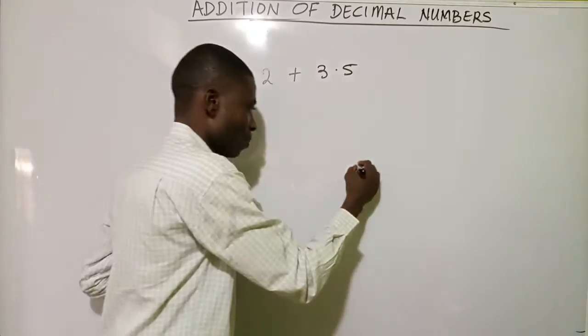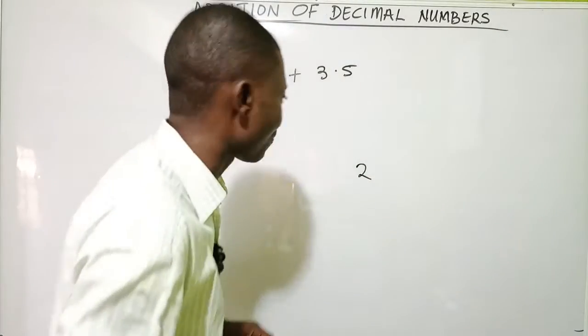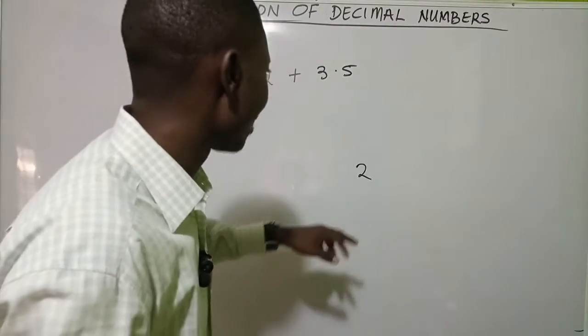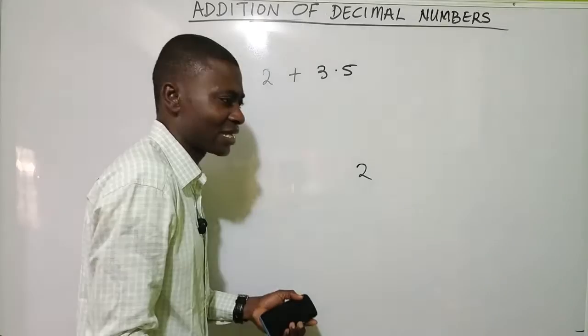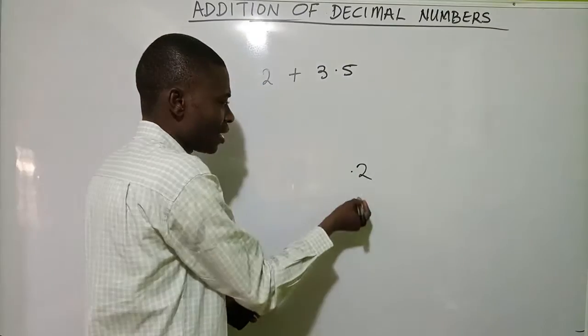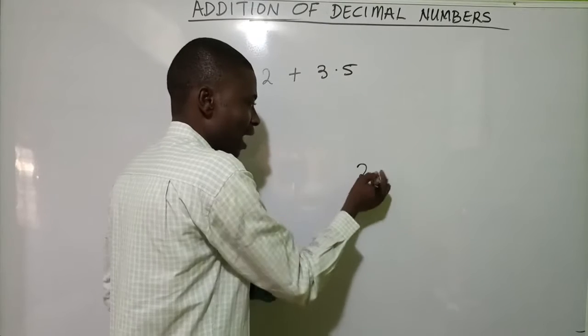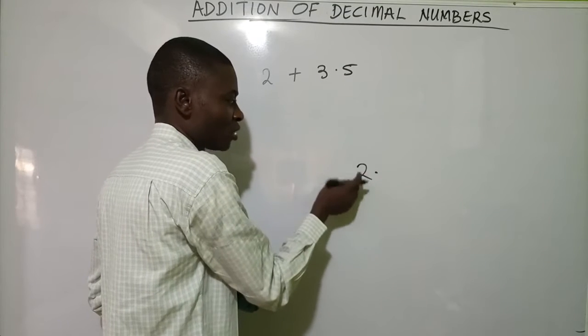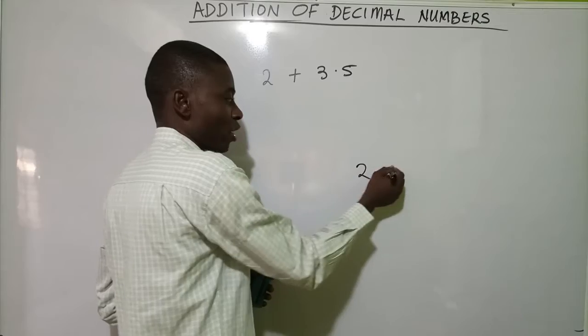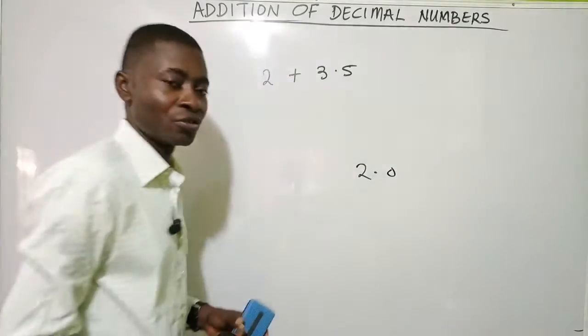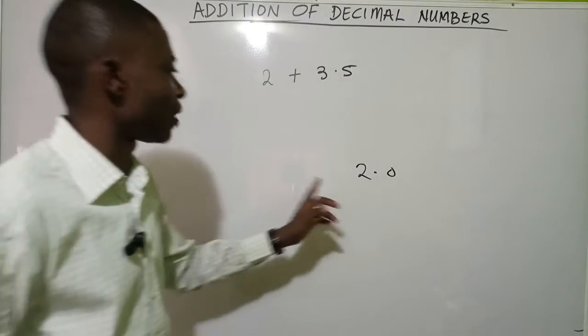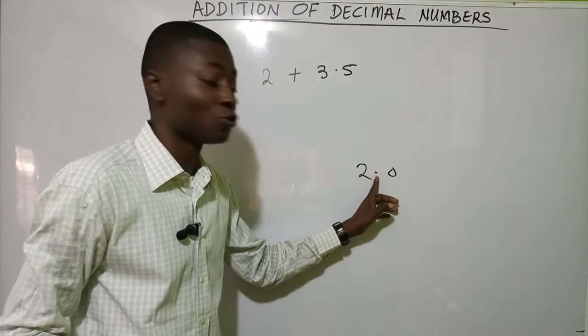You'll be asking, where is the decimal? I can't see anything decimal here. Of course, there's a decimal point at the back of these two. This 2 is the same thing as 2.0000.